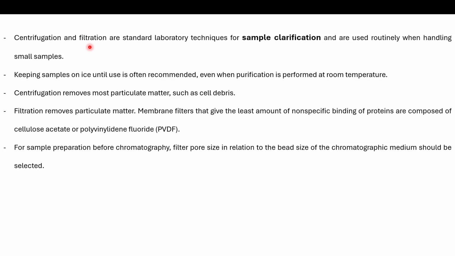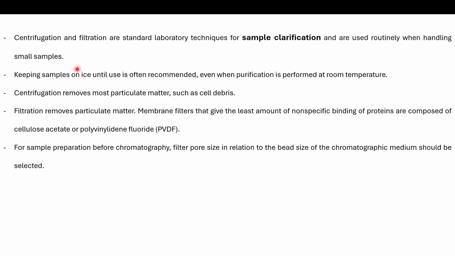So suppose a 0.22 micrometer pore size filter is being used, then any debris or particle with a diameter more than 0.2 micrometers will be filtered out of the complete cell suspension.